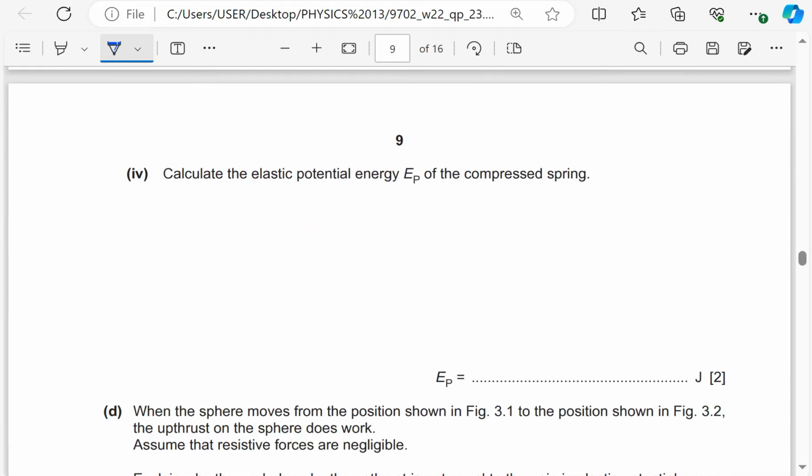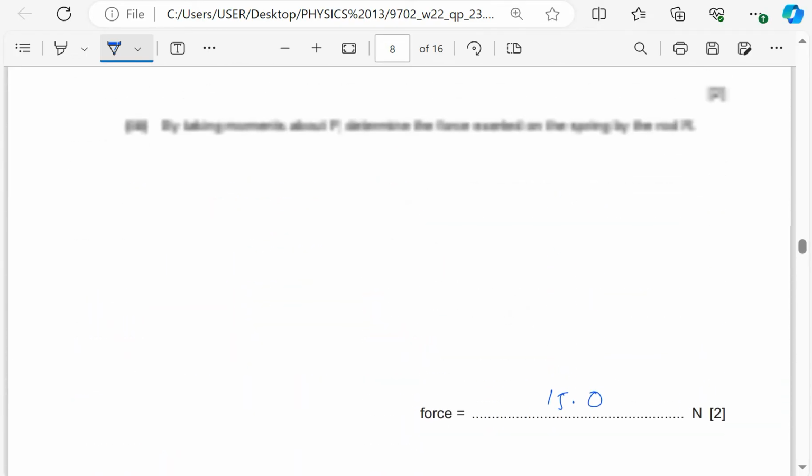Calculate the elastic potential energy EP of the spring. Of course, for elastic potential energy, it is a half kx squared. Elastic potential energy is equal to a half kx squared, which is a half. We already got the k was 2100, and the x is, let's see, what is x?